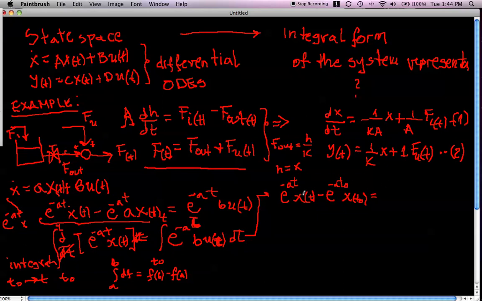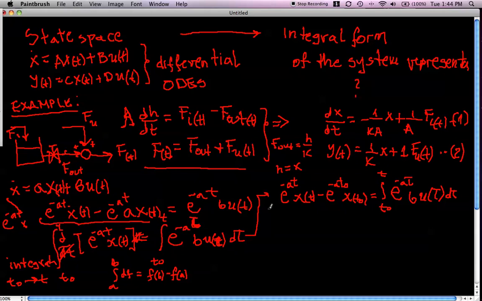And we keep the expression on the right side intact: integral from t0 to t of e to the minus a tau b u tau d tau.